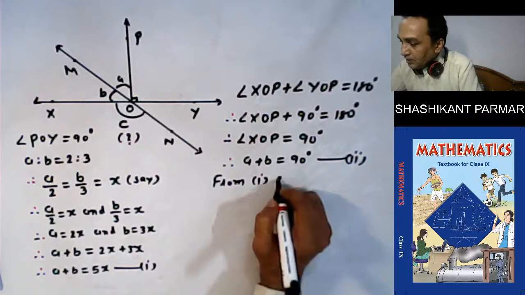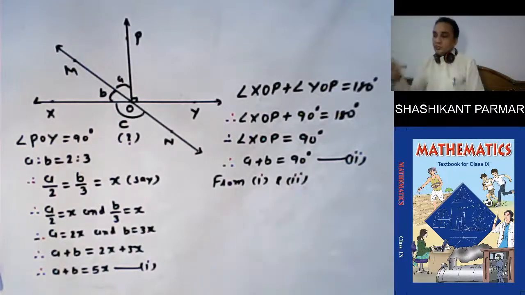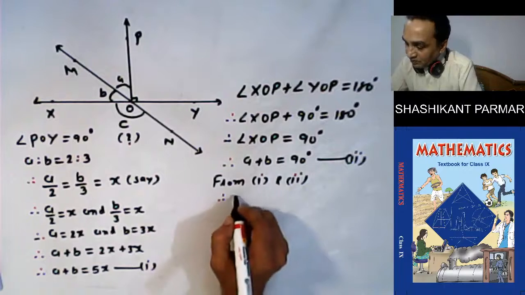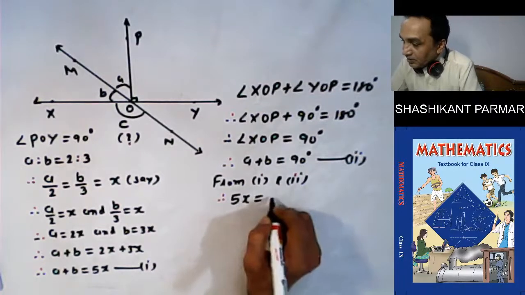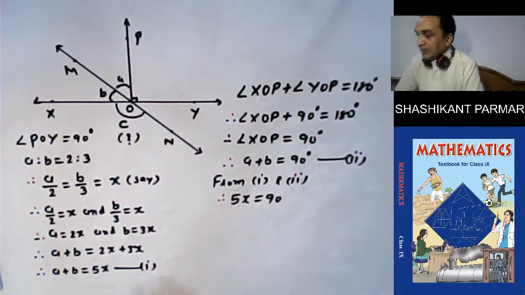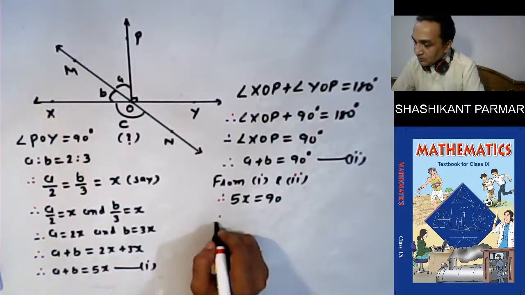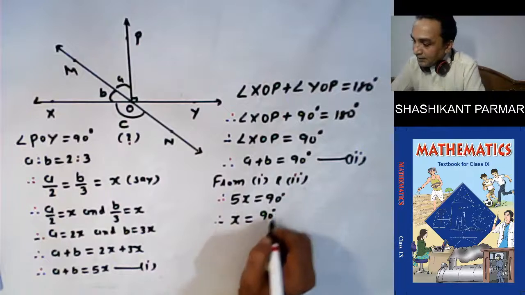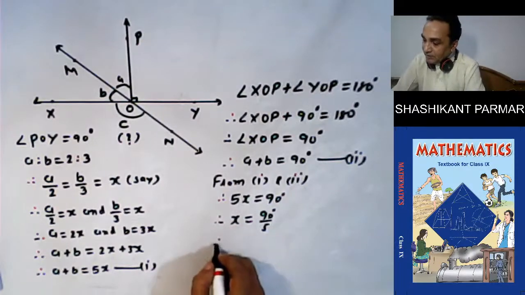So from the first result and second, see, the left hand sides are equal, A plus B, here also A plus B. So therefore we can compare: 5X is equal to 90. Therefore X is equal to 90 degrees divided by 5.